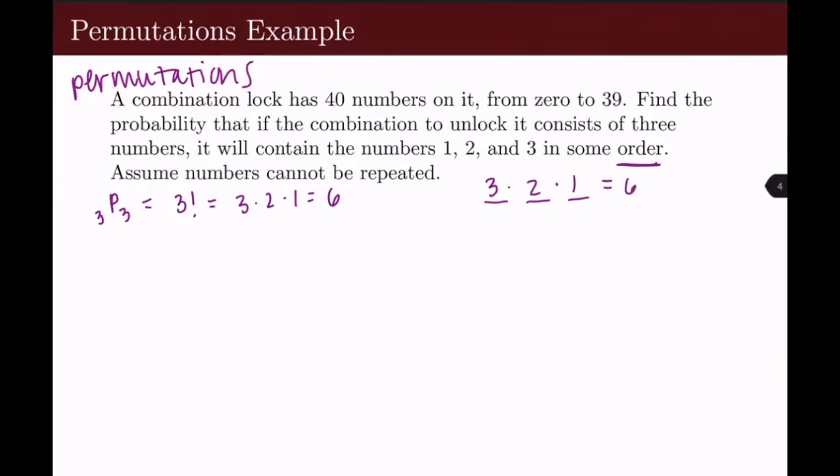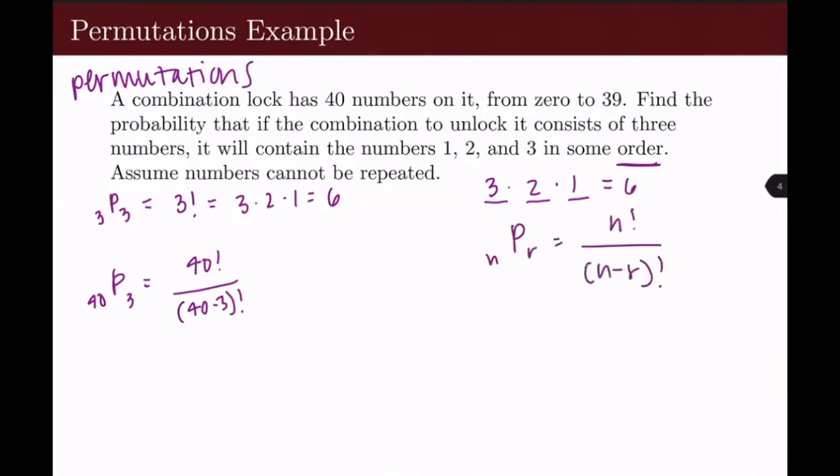Next, we need to figure out what is the total number of outcomes. So we know we have 40 numbers on it, right? And we're only choosing 3 of them for a combination. So that's going to be 40 factorial divided by 40 minus 3 factorial. Oh, we call it the formula as well. That's n factorial over n minus r factorial.